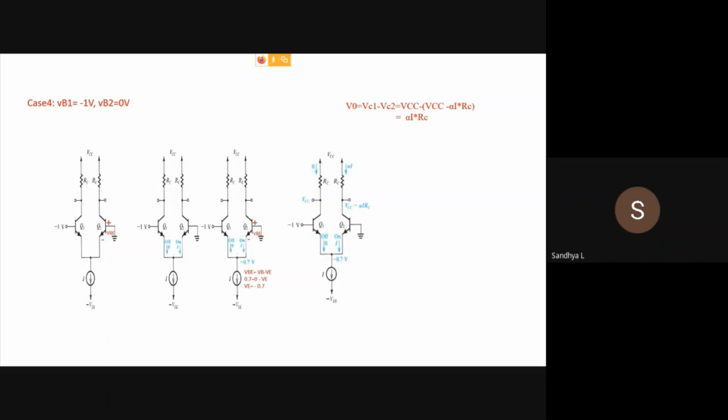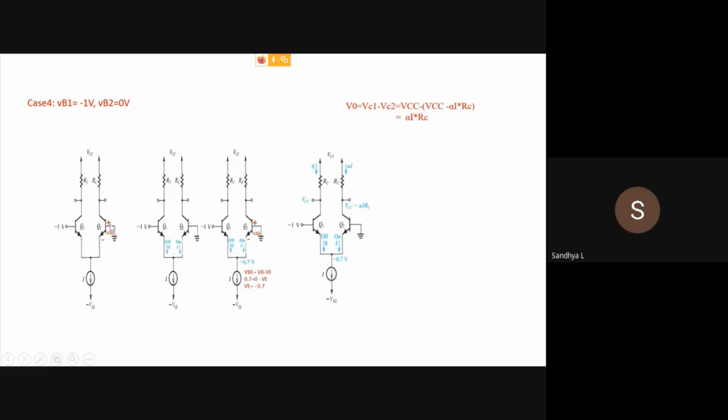So if it is greater than a few millivolts, then one or both of the transistors will be on. In this case, it is a negative volt. So we can very conveniently say that Q2 is on and Q1 is off. And we even proved it by assuming that Q2 is on.